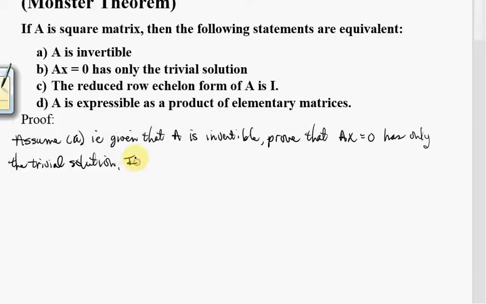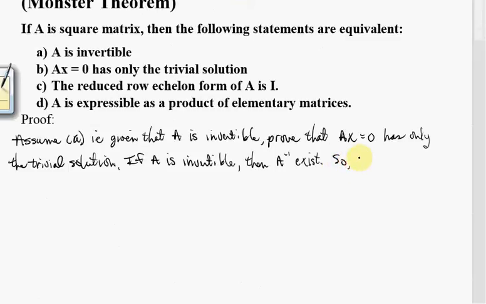Well, if A is invertible, then we know that A inverse exists. Well, we're not assuming that AX equal to 0 exists. We're given that, but we want to show that the system AX equals 0 gives us only the trivial solution. Well, it's very simple. It's simple if A is invertible. So if A is invertible, then A inverse exists.